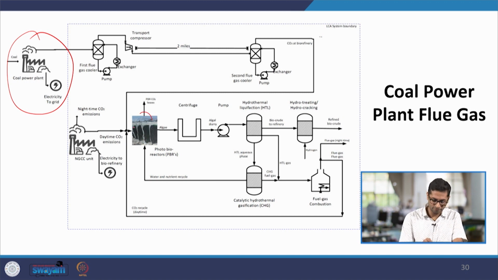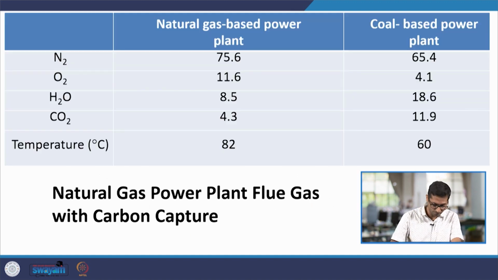It goes to the algae field where it is subjected to a process called hydrothermal liquefaction, which is a process occurring at around 200 bars of pressure and 350 degrees Celsius, which breaks down this algae into a sort of biocrude, which could be used for production of diesel and gasoline range fuels using certain treatments. I wouldn't again go into the details in here.